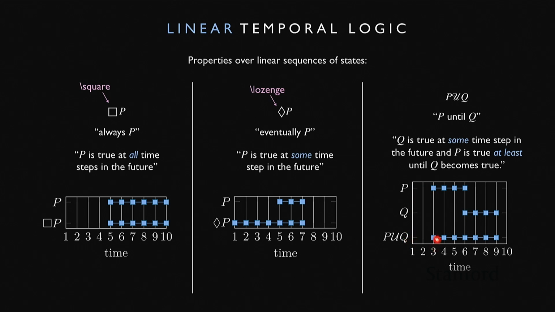Now let's move on to time step 3, for example. Q does become true at some time step in the future, and P is true until then. So P until Q will evaluate to true. And that holds for the rest of these until we get to time step 10. Now Q is not true at time step 10 or any time step in the future. There are no more time steps. And so P until Q is not going to be true.